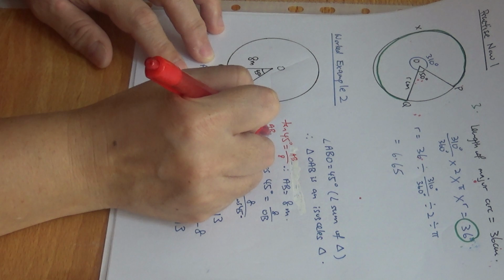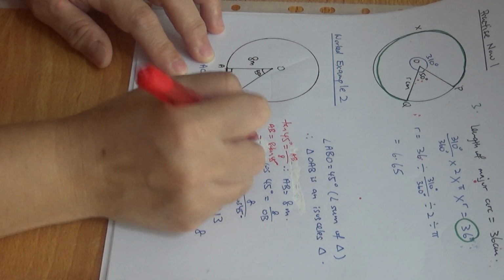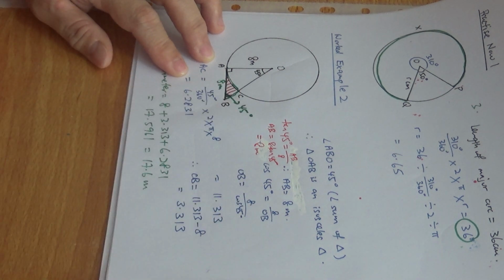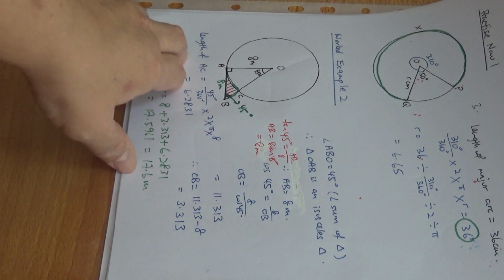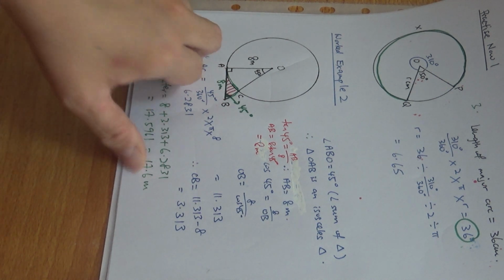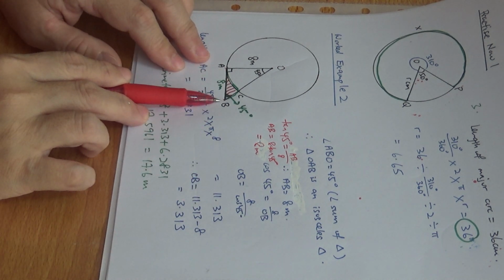So AB will be 8 times tangent 45 degrees. If you press the calculator, this will still give you 8 meters. So you can use sine, cosine, tangent when it's a right angled triangle to find the length. So we have found that AB is 8 meters.